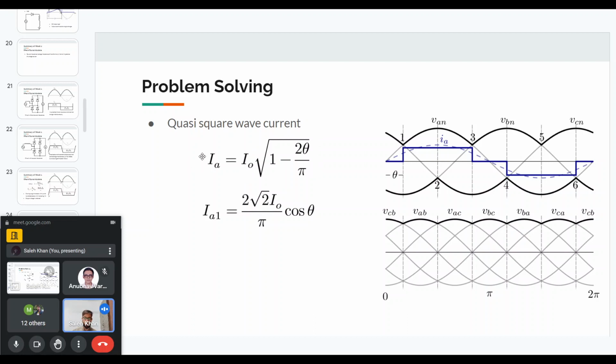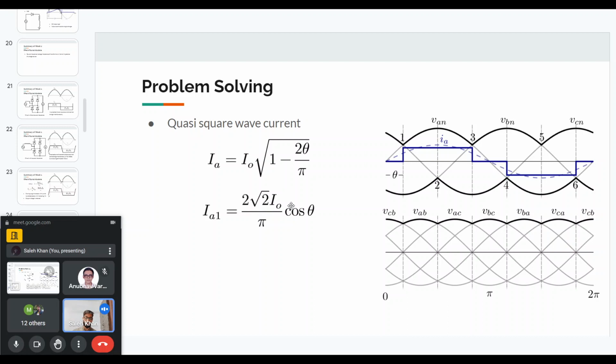The first equation is the RMS value of the A phase current, and the second equation is, from Fourier analysis, the RMS of the fundamental of this current. In both cases you can see it depends on this theta angle. Theta is half of the 60-degree duration, so it is 30 degrees in this case.